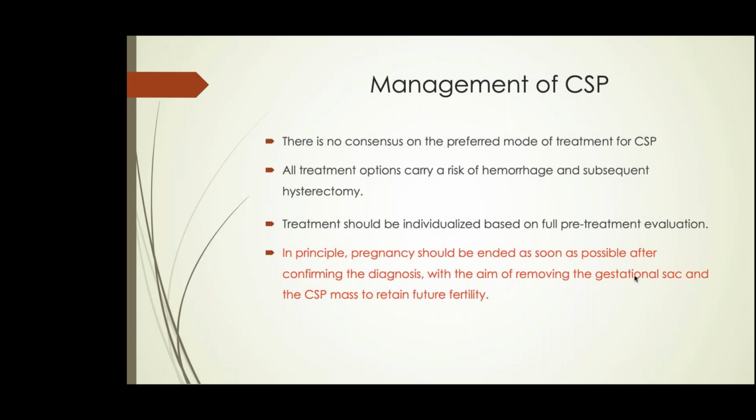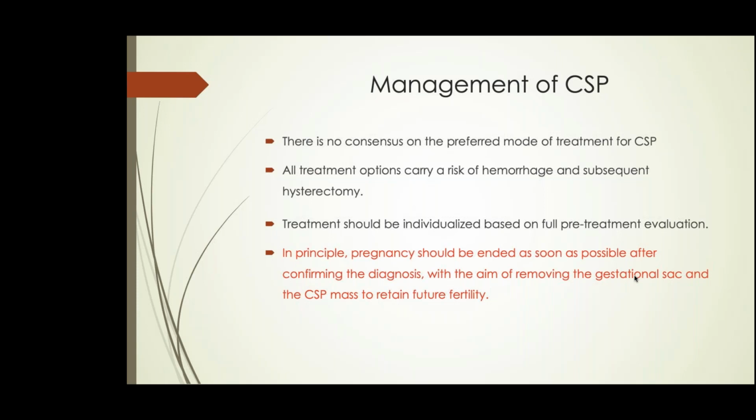We talked earlier about how a sectional scar pregnancy will most likely end up as placenta previa accreta or percreta, with the possibility of hysterectomy and loss of fertility. So if you diagnose sectional scar pregnancy, you have to end the pregnancy. You have to end the pregnancy.